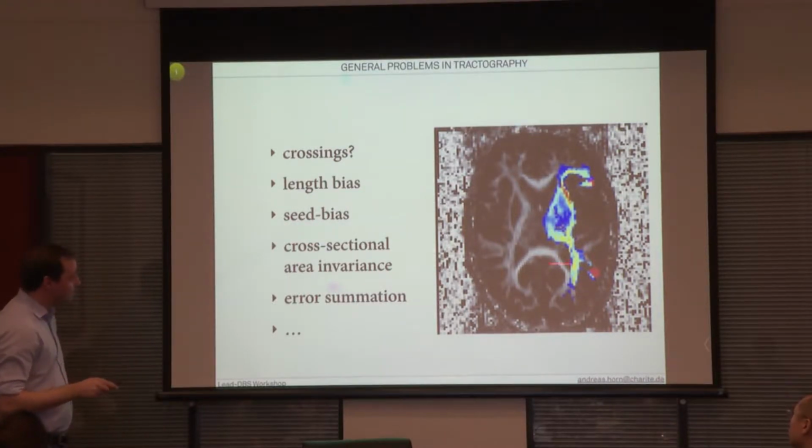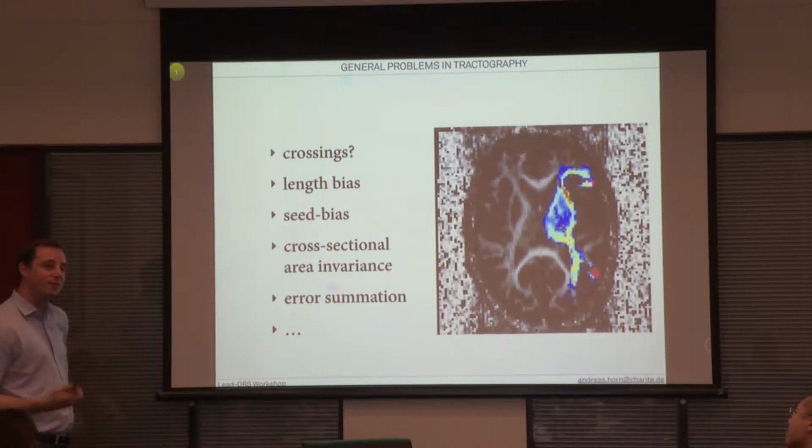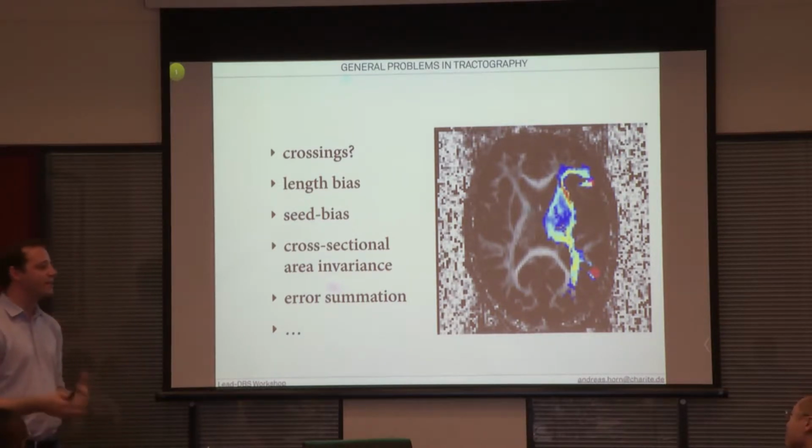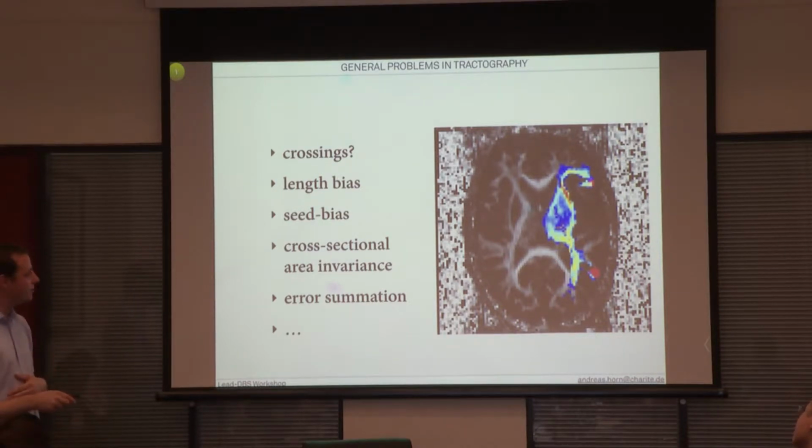Then there is the seed bias, where you place one seed here, maybe across subjects, and you want to know what's connected to it. But in some subjects you are more in white matter, and in some you are more in gray matter. And then you get more fibers in the ones where your seed is more in the white matter, but it doesn't have anything to do with connectivity in the brain. So that's also one typical bias, and so on.